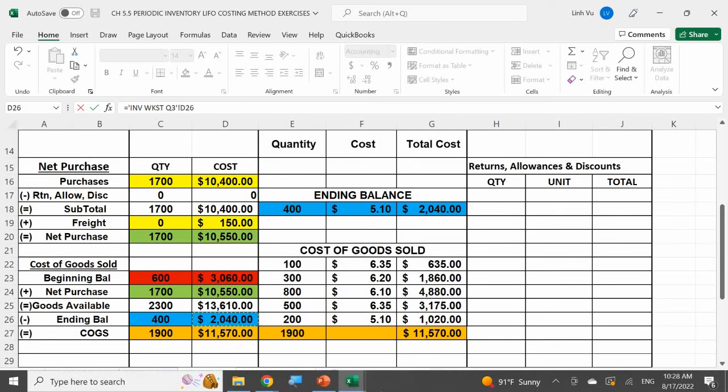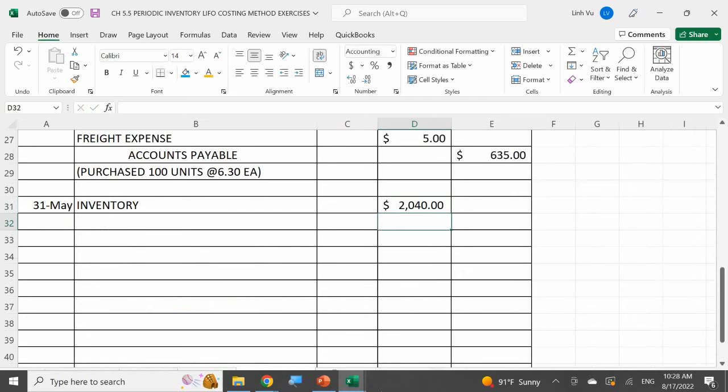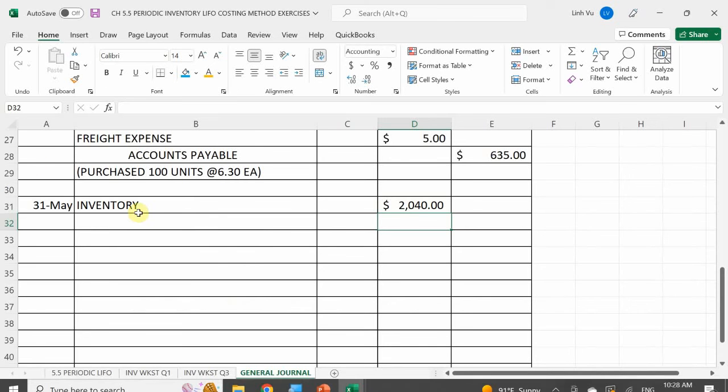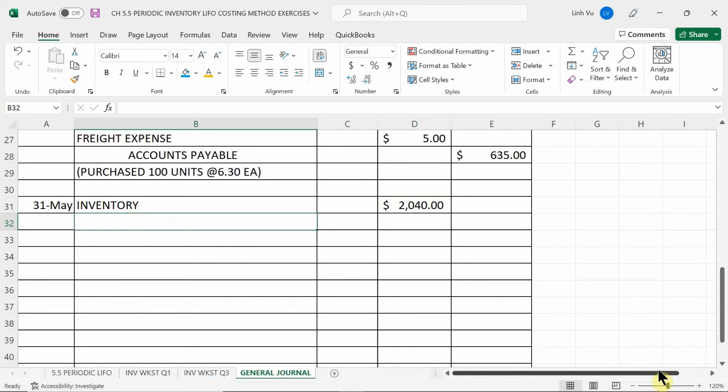2040. Yes, so remember the rules of journalizing, right? It has to be in terms of total value. I can't put quantity in here. So in this case, total value is 2040. And what else do I need to recognize? Cost of goods sold.